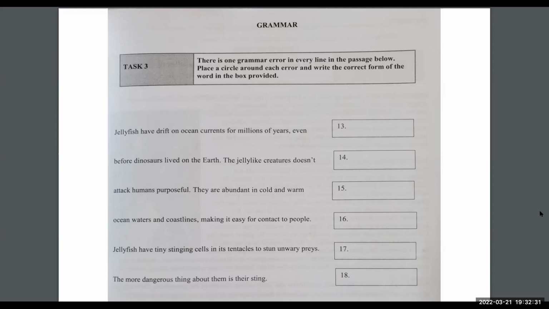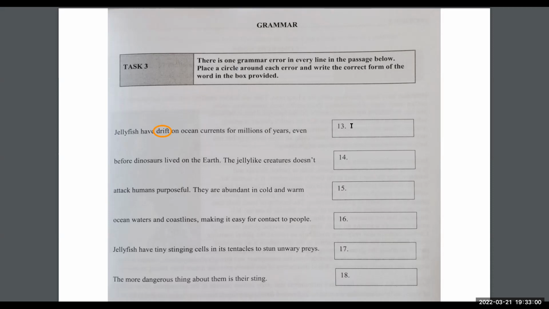Okay, so what do you think is looking a little bit off in that first line? Drift. Right, so drift definitely should not be next to have. We looked at that a lot today. Once you have that helping verb have, it's usually followed by the past participle.